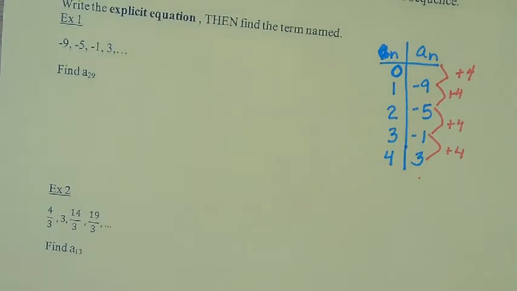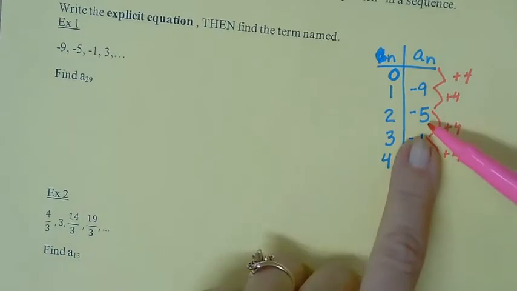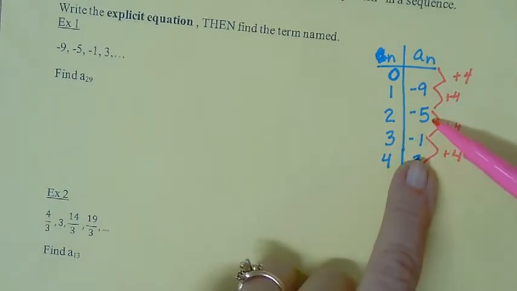So what number would this have to be so that when I add 4 to it, it would be -9? That's one way to think about it. The other way would be to go backwards. Instead of adding 4, what are we doing to get from term to term?